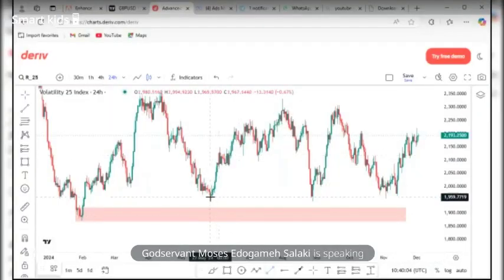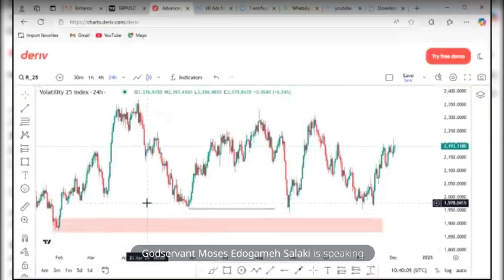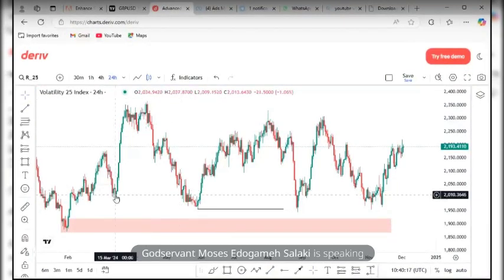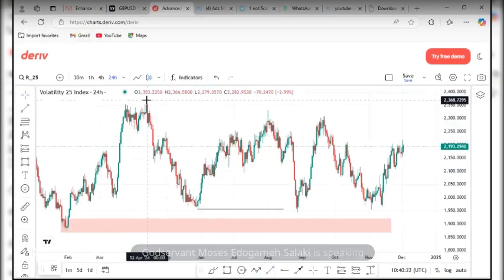I want price to come and capture this liquidity. So price came, A leg, created D leg, and price gave us a C leg. C came to capture this liquidity. And so long as this high has not been captured, I knew that this next liquidity was going to be captured.